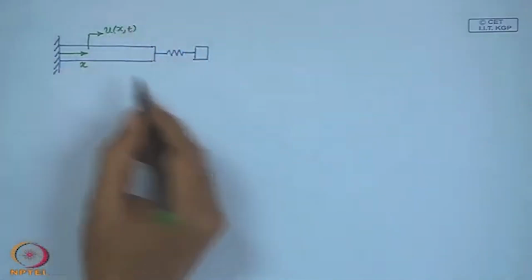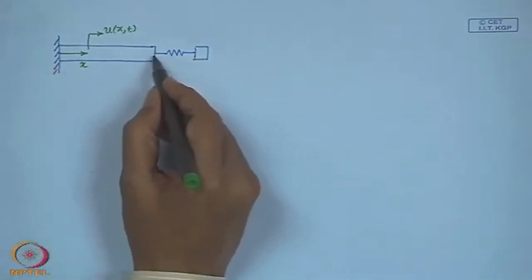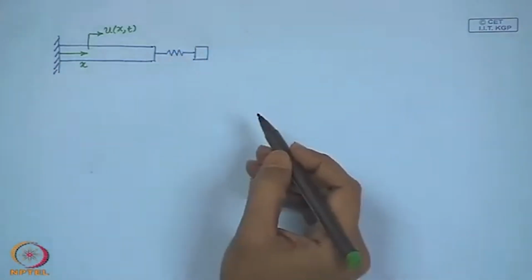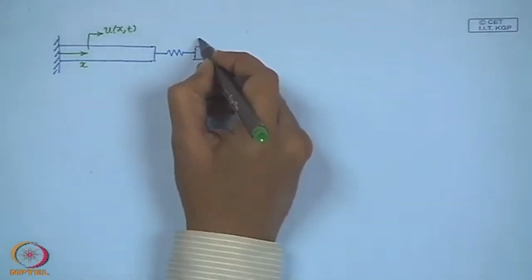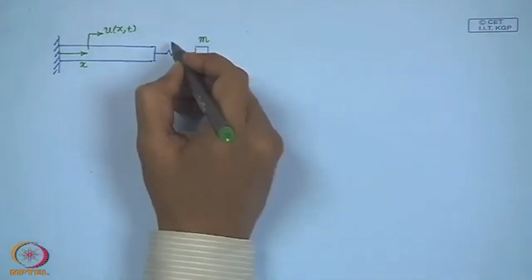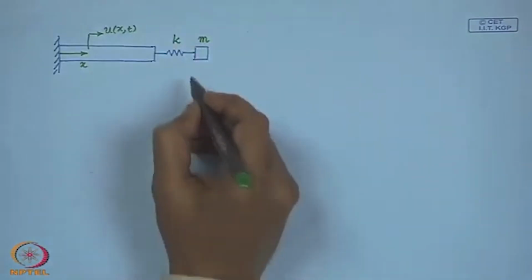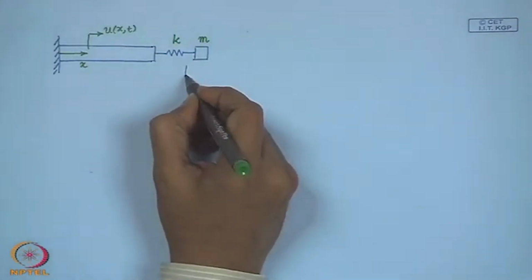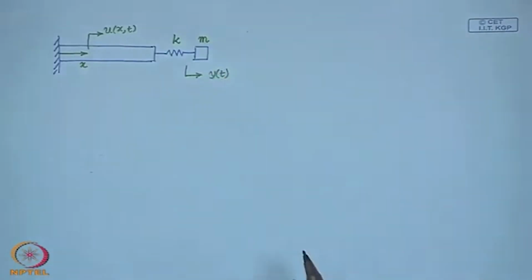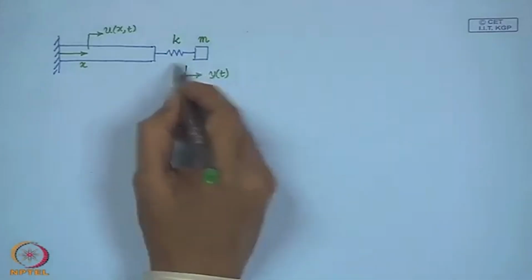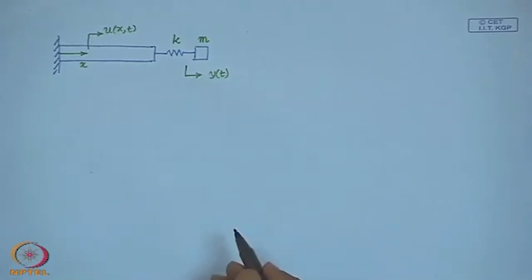So, this is a fixed bar at the end of which an oscillator is attached in this manner. So, this is a point mass attached with a spring of stiffness K. So, the displacement of this mass from the equilibrium position is measured by this coordinate y.